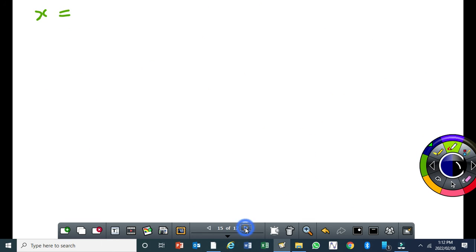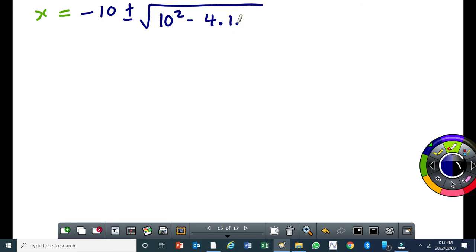So it will be minus 10 plus or minus the square root of 10 squared minus 4 times 1 times c, which is negative 27, all over 2 times a, which is 2 times 1, so that would be 2.